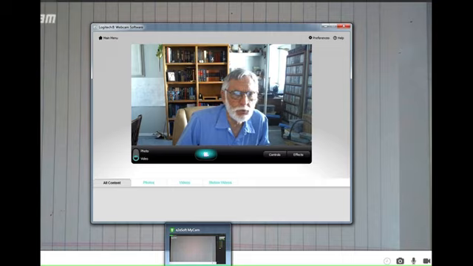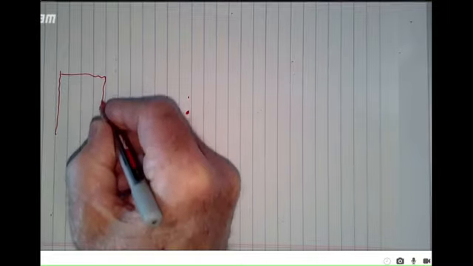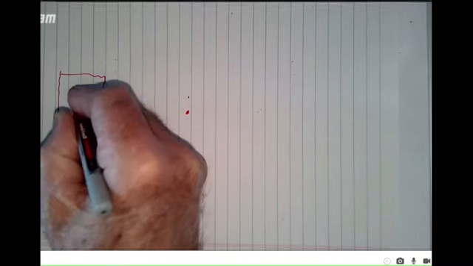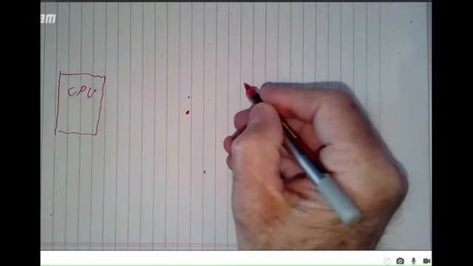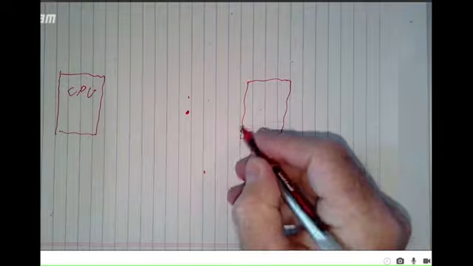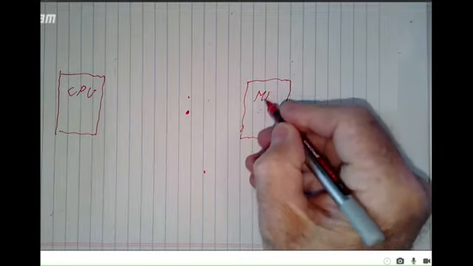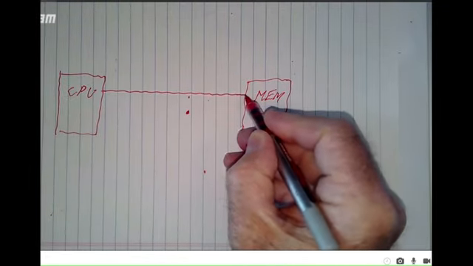performs the floating point. So if we go to our familiar diagram of a computer system, we have a CPU and we have memory, and the CPU is connected to memory by 3 buses.